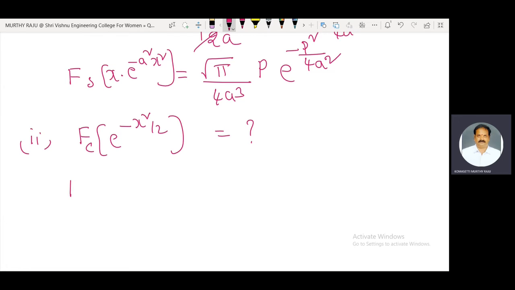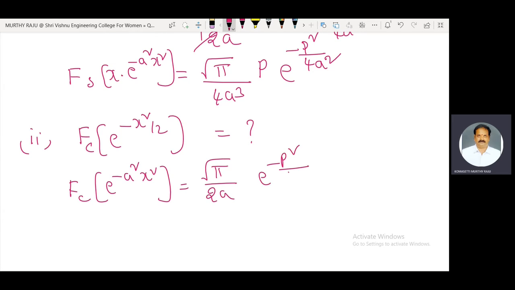We know that Fourier cosine transformation of e power minus a square x square is already derived: root pi by 2a e power minus p square by 4a square.